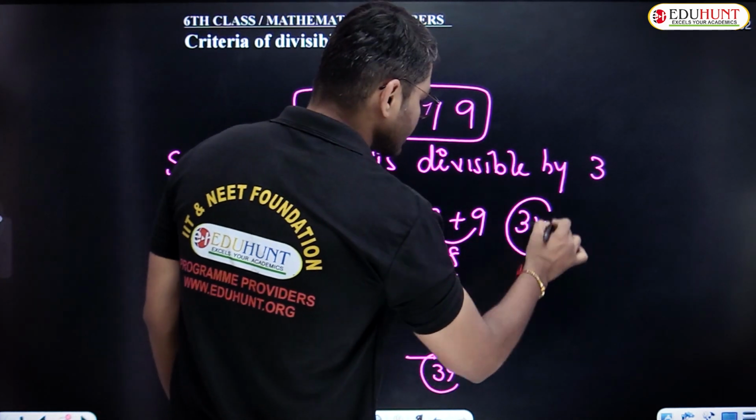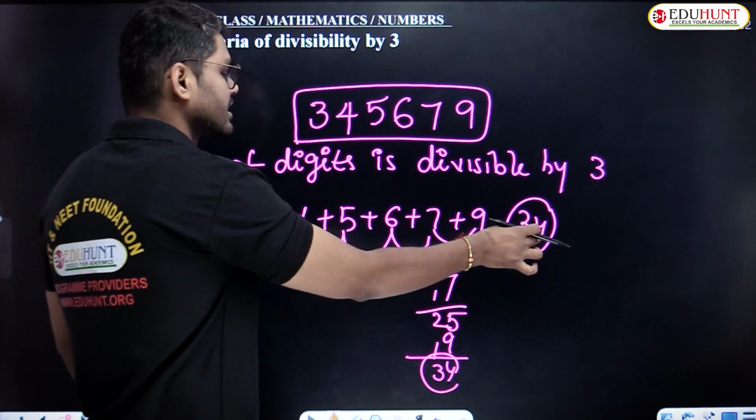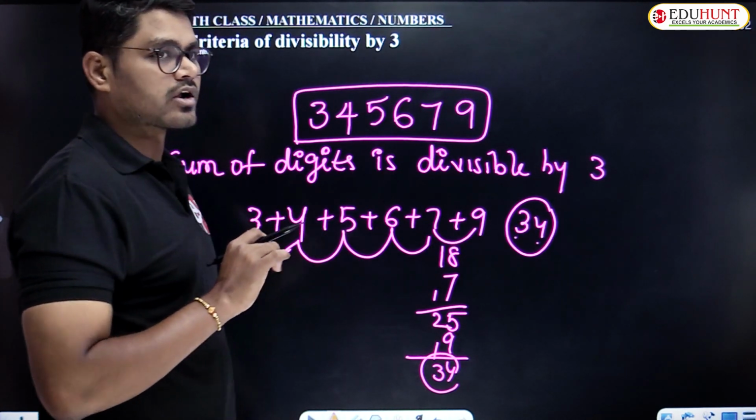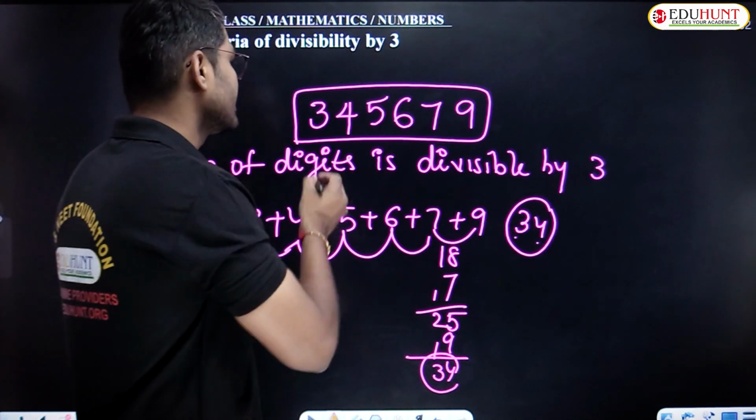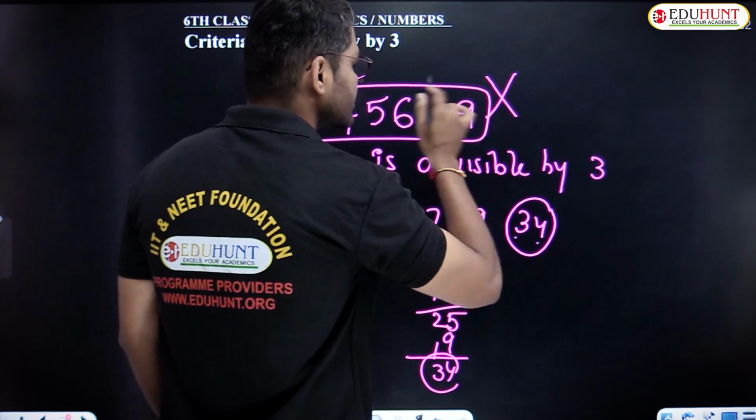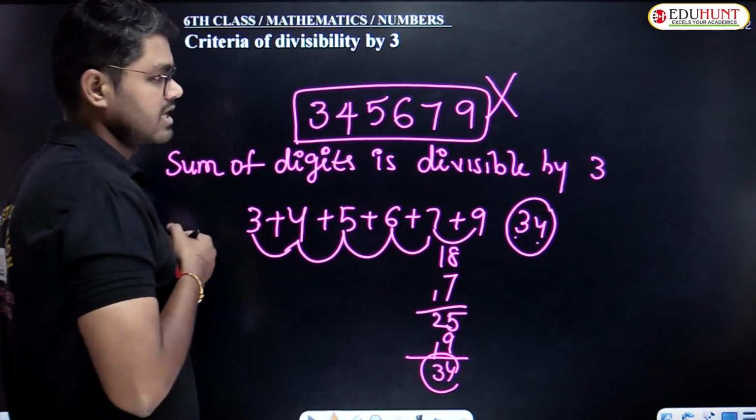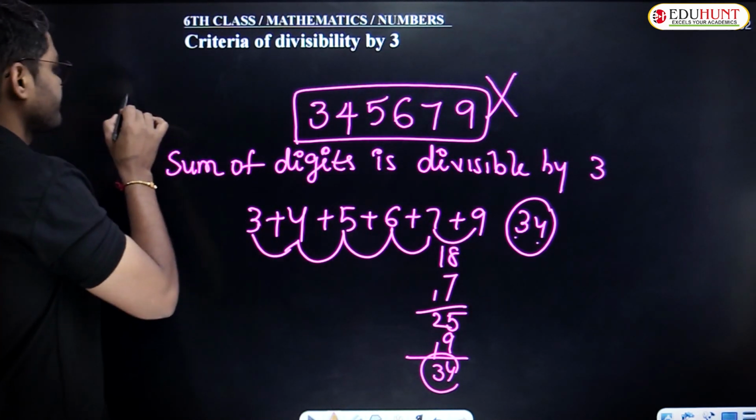Is 34 divisible by 3 or not? No. So that's why this number is not divisible by 3. I am giving you one more number.